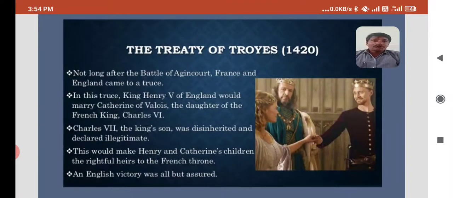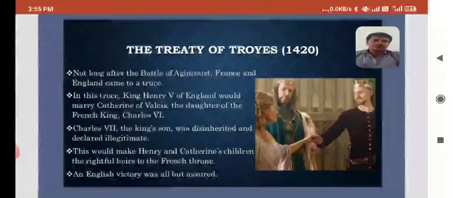Not long after the Battle of Agincourt, France and England came to a truce. In this truce, King Henry V of England would marry Catherine of Valois, the daughter of the French King Charles VI. As I told before, Charles VII, the king's son, was disinherited and declared illegitimate. This would make Henry and Catherine's children the rightful heirs to the French throne.